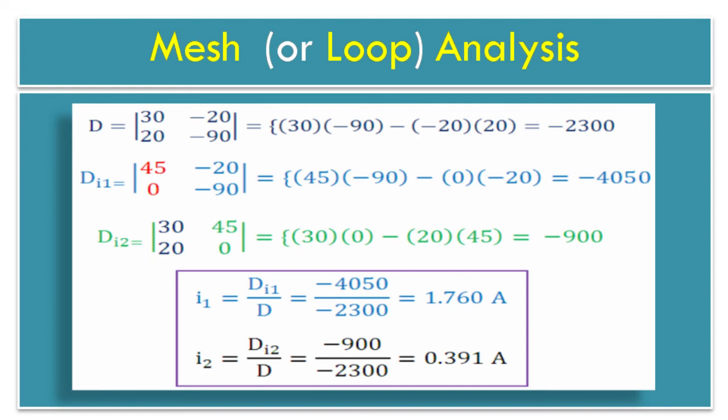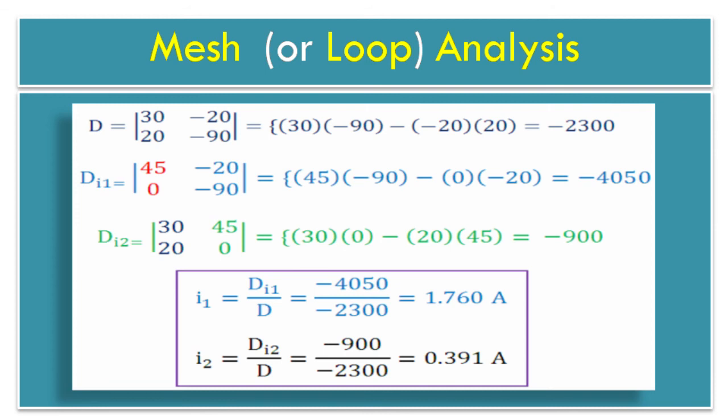After solving, we get the coefficient determinant D is equal to minus 2300. Then find determinant DI1 by replacing the column values 30 and 20 in determinant D with the constants of equation 3 and 5 as 45 and 0.